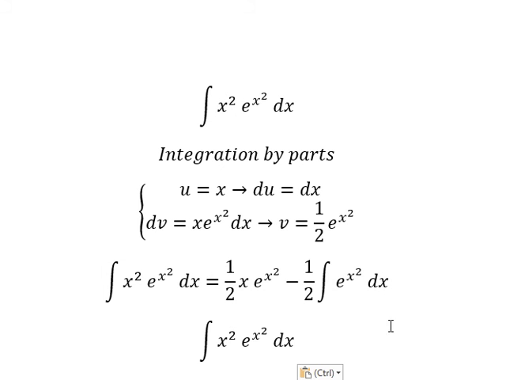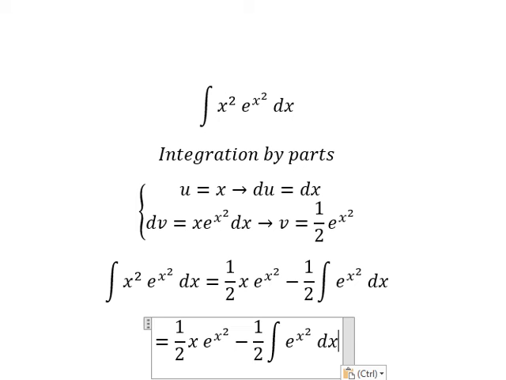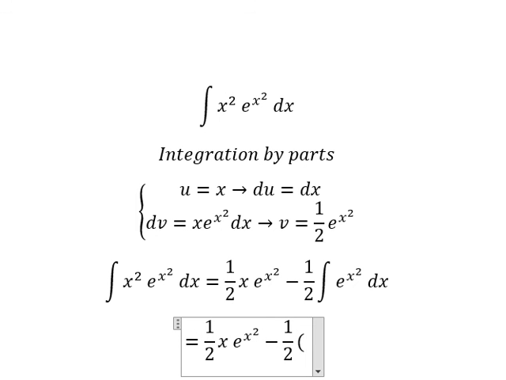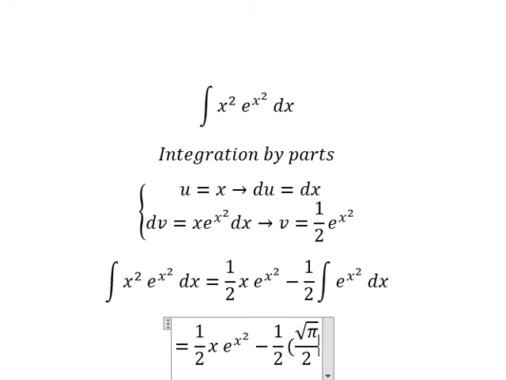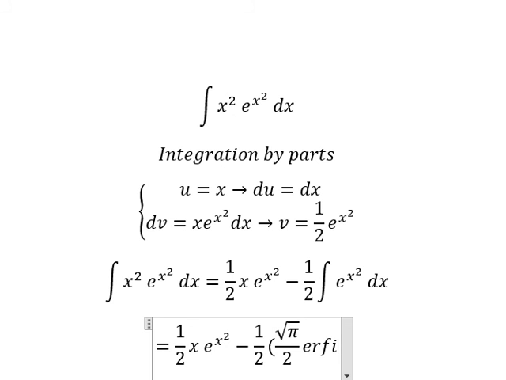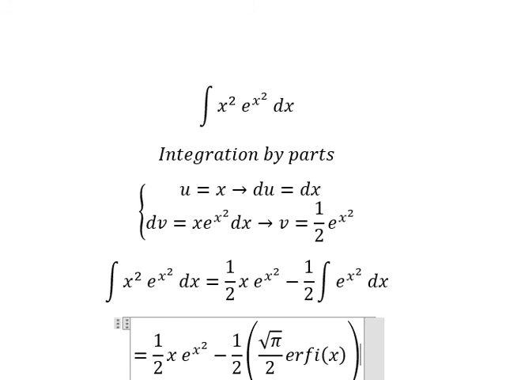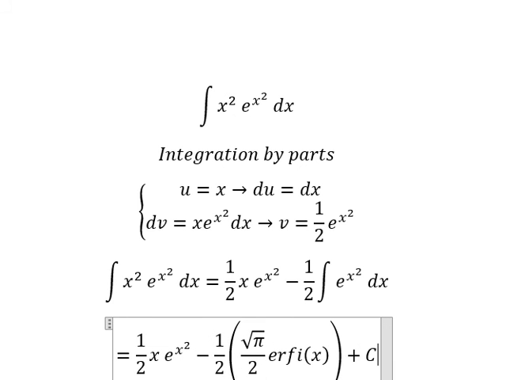So the integration of this one in here, we have the square root of pi over 2, and we have the error function integral of s, and I will put plus c.